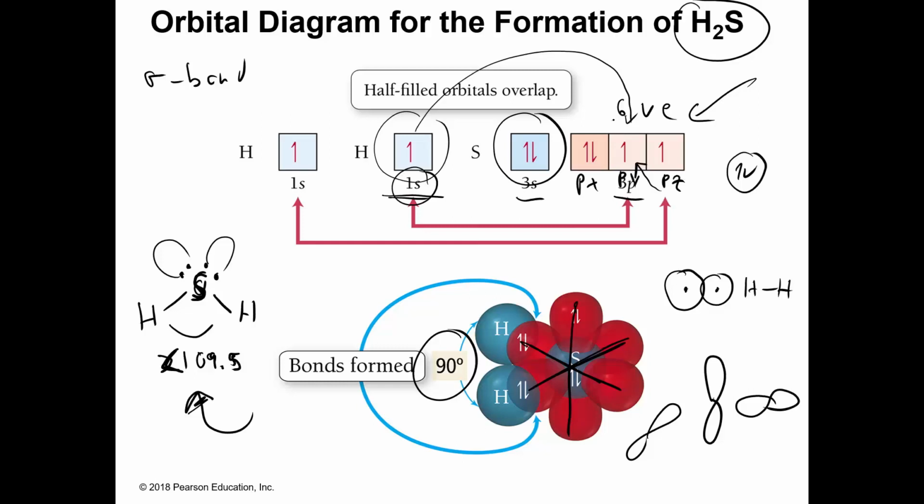It can do that with the py, have a direct overlap, and that's called a sigma bond. And then later on, when we make double bonds, those are going to be pi bonds. I'm going to look into that in more detail. I just want to throw that out because I have the tendency to call those sigma bonds. What I mean is that a direct overlap of 2 orbitals forms a sigma bond.